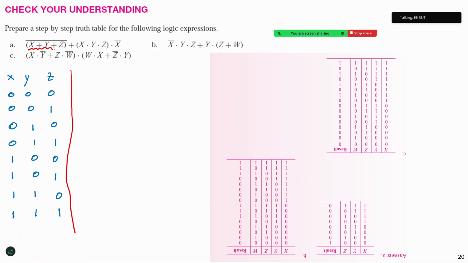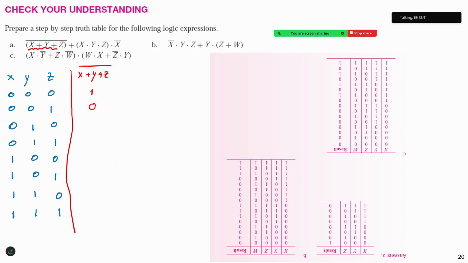Maybe this one first: X or Y or C, but we inverse it. What is this value? X or Y or C would be 0, but it's inverted, so it becomes 1. For 0 or 0 or 1, the output is 1, but the inverse becomes 0.